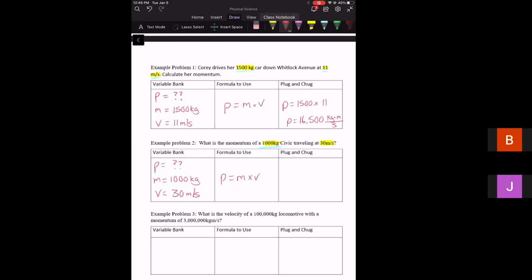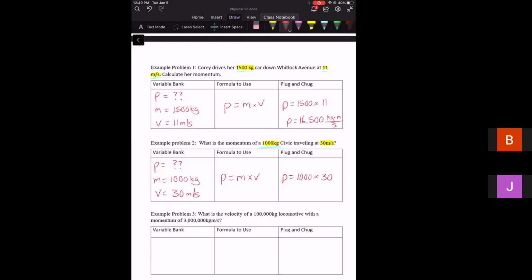All right, so now we're just going to plug in what we got. We don't know what P is. P is equal to, and then we're going to plug in for M the 1,000 times 30. Very nice.